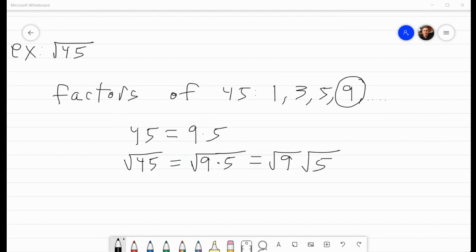We already saw that the square root of 9 is 3. So this is what we get. And we already saw that the square root of 5 is simplified. So we do actually stop here.